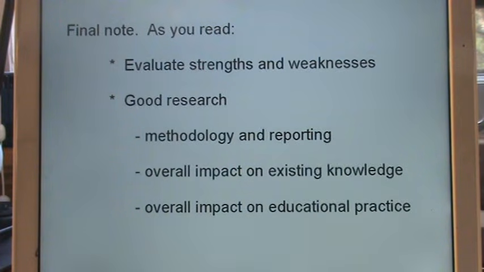In good research, the methodology and reporting is usually good. The overall impact on existing knowledge is significant, and the overall impact on educational practice can have important implications also. If all three of these are in the affirmative, then you probably have a pretty good piece of research.